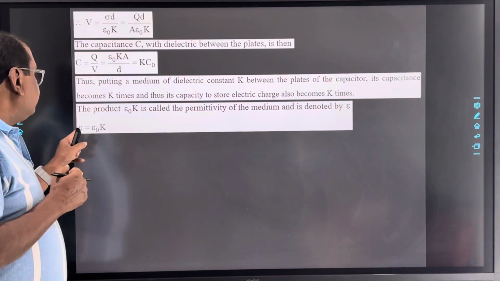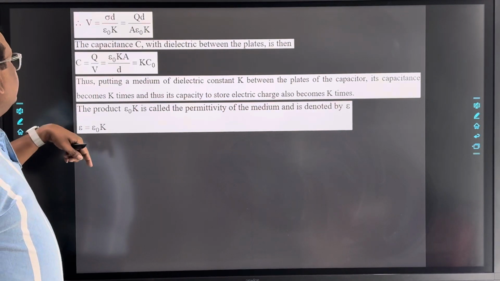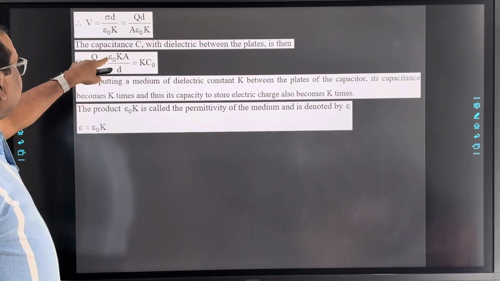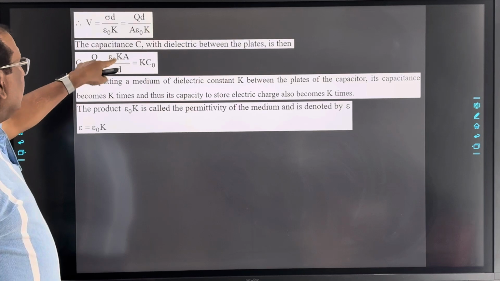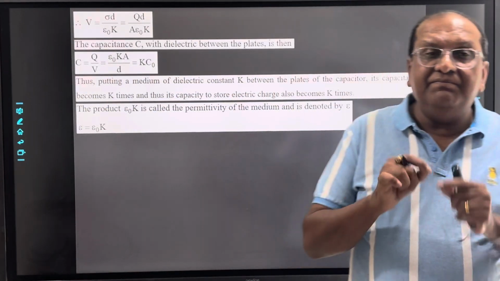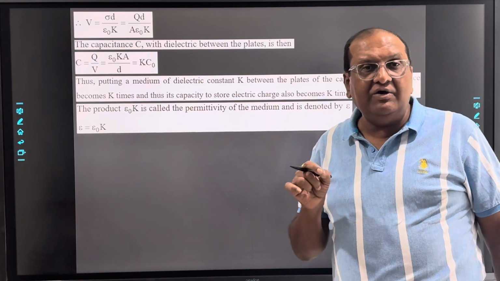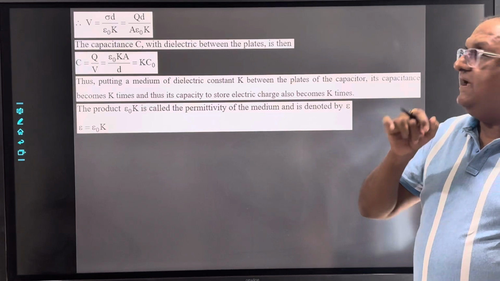Now epsilon is equal to epsilon 0 K. So this epsilon 0 K, that is epsilon, is known as the permittivity of that particular medium.